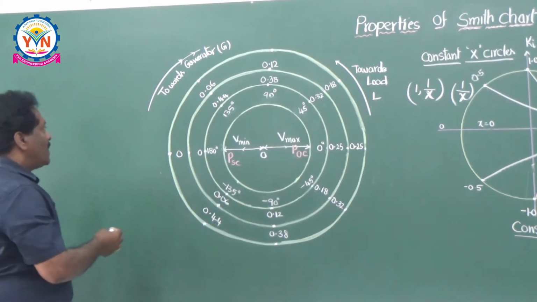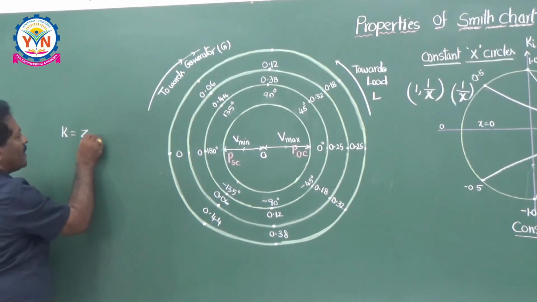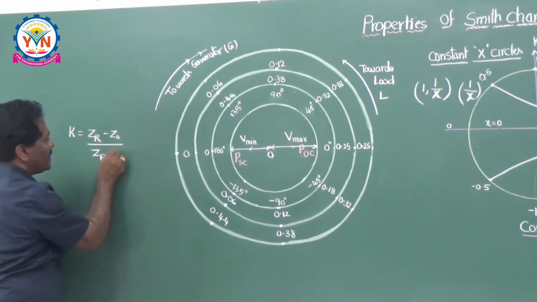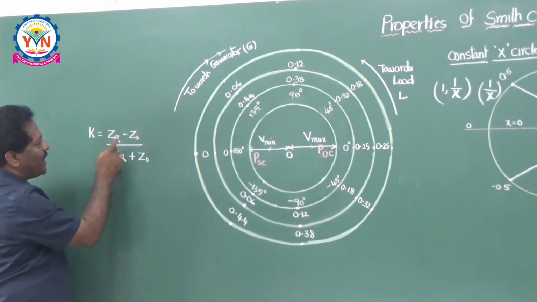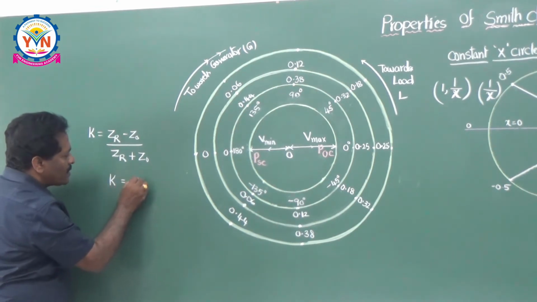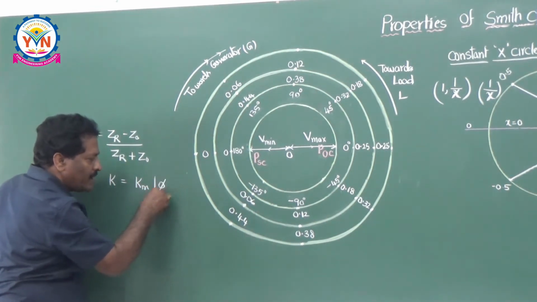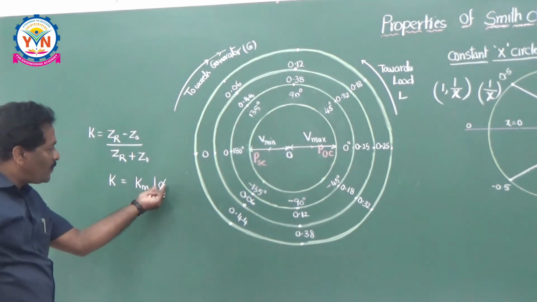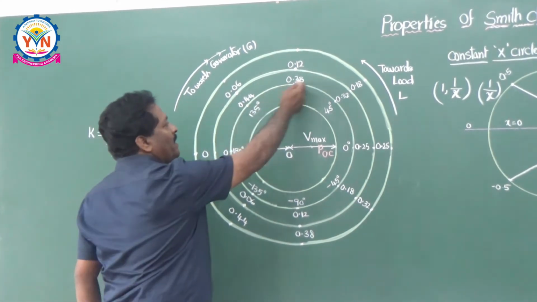You know, reflection coefficient K is equal to (ZR minus Z0) by (ZR plus Z0). This is the basic definition of the reflection coefficient. So the reflection coefficient K has some magnitude as well as phase angle. It is not a real number, it is a complex number. That is the reason, in order to find the angle phi, the protractor is readily available here.